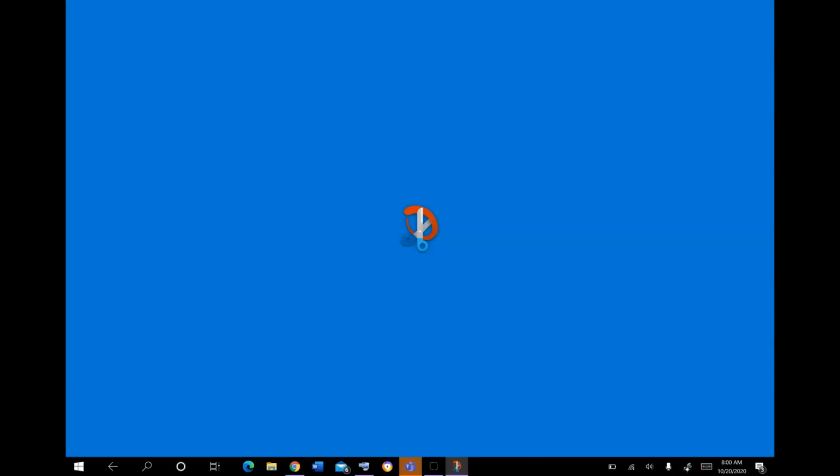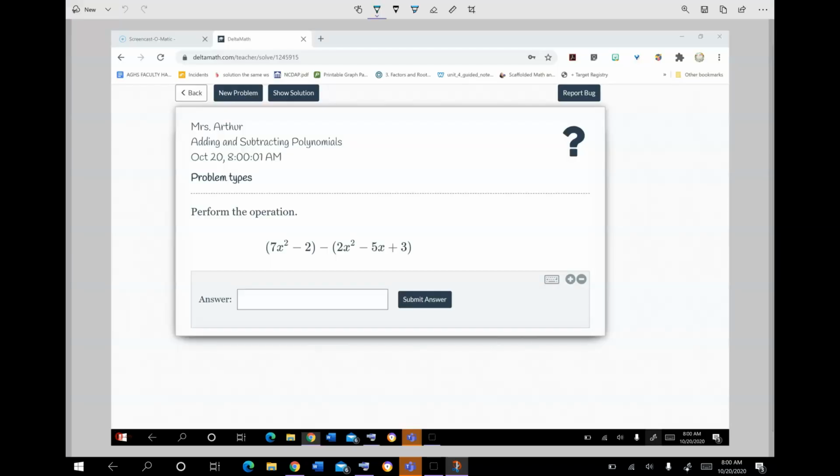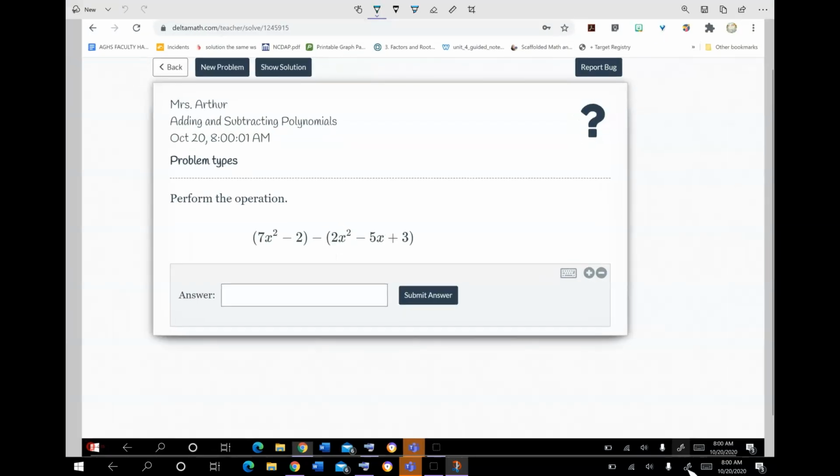It says 7x squared minus 2, parentheses, minus, parentheses, 2x squared minus 5x plus 3. All right, so with subtraction, you can't just drop your parentheses. Before you can drop them, you have to distribute the subtraction, okay?